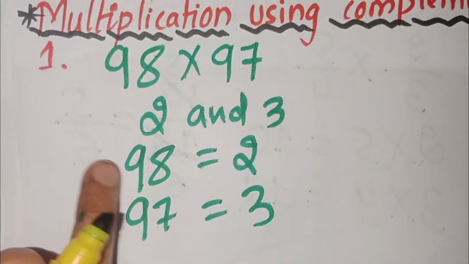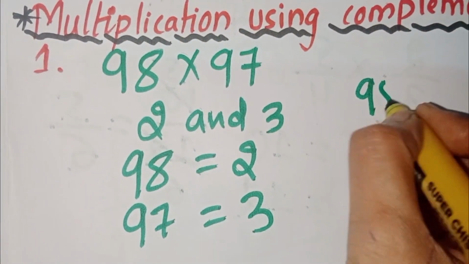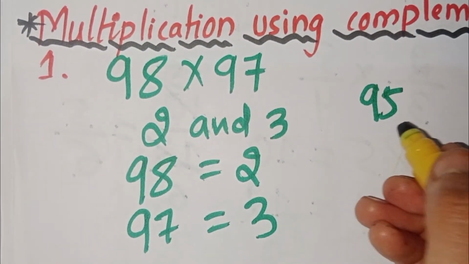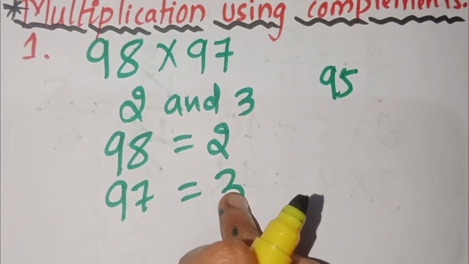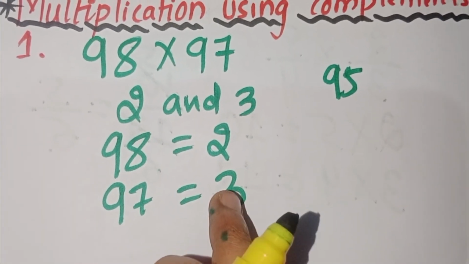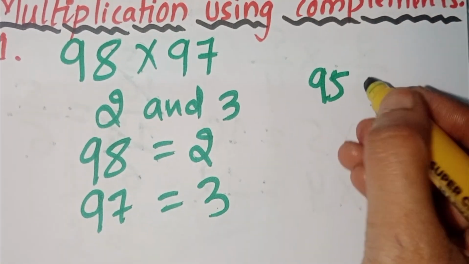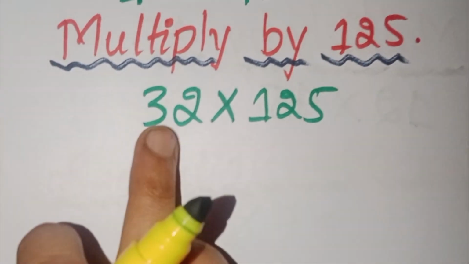Cross subtract: 98 minus 3, 95. This is the first part of our answer. 2 3s are 6. Since the base is 100, the right part must have 2 digits. 06. This is the answer.